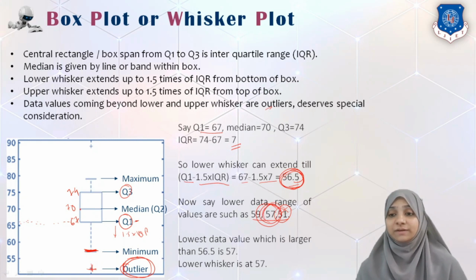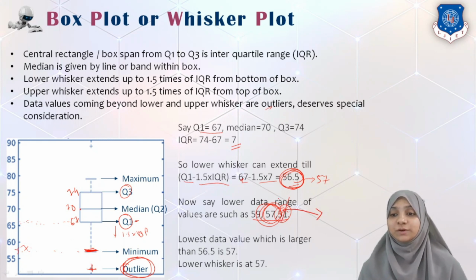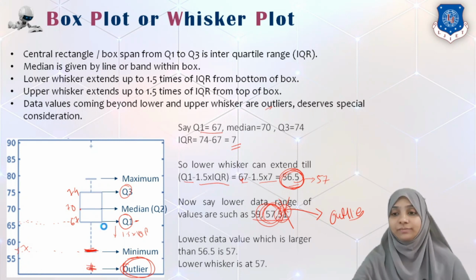Is 57 larger than 56.5? Yes. So we will have our lower whisker at 57. If I project it, this is actually 57, so this is my lower whisker. And this data 51, which was not able to fit, is called an outlier. As you can see, at 51 we have a point called an outlier.